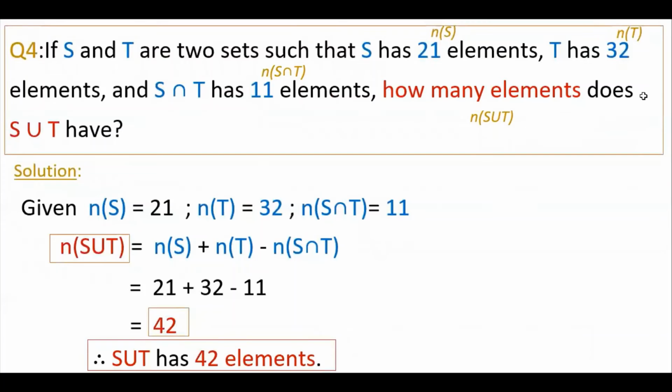You have to find how many elements S ∪ T has. So n(S ∪ T) you have to find. Write the given values here, and substitute all the values. 21 + 32 − 11, you will get 42. So S ∪ T has 42 elements.